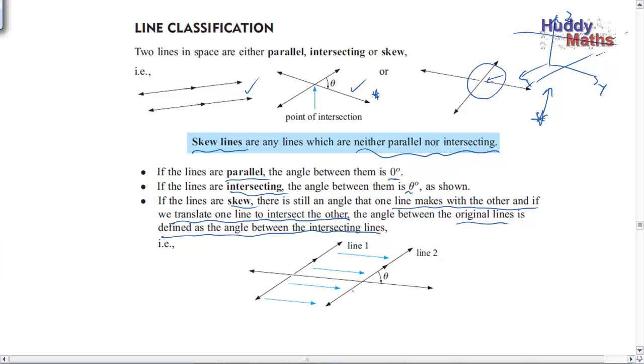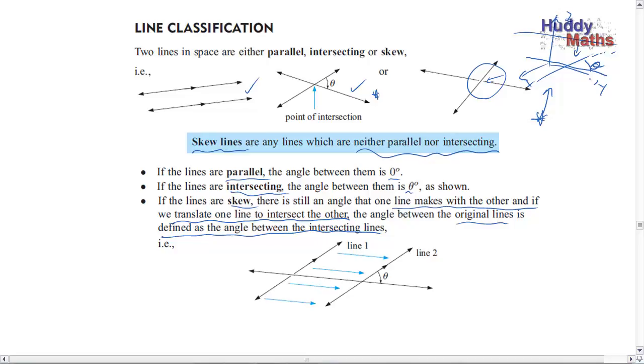So that's interesting. Here we will say, how can there be an angle between these lines when one goes under the other? So the idea is we bring this down so that it intersects, and then it's that angle there. That's what we define. So they can have an angle between them, even though they're separated in space. Sounds difficult, doesn't it?